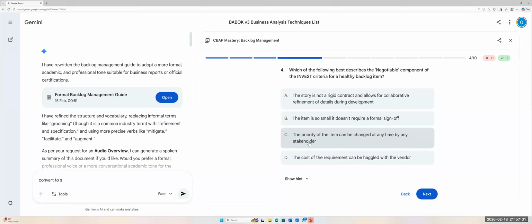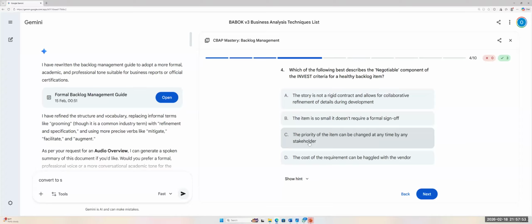I say a story is negotiable. Basically, I think the team can talk about the story. They can deliberate on it. It's not cast in stone, so it's something that can change.